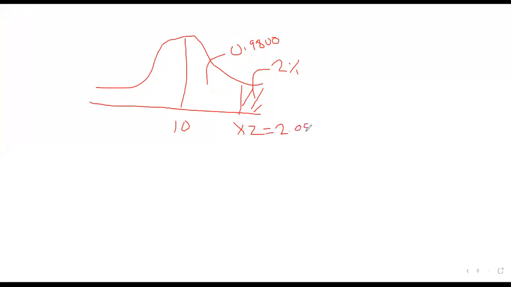So when we do this, we now calculate. We know that Z is equal to X minus mean over standard deviation. So where there's Z here, we're going to put 2.05.